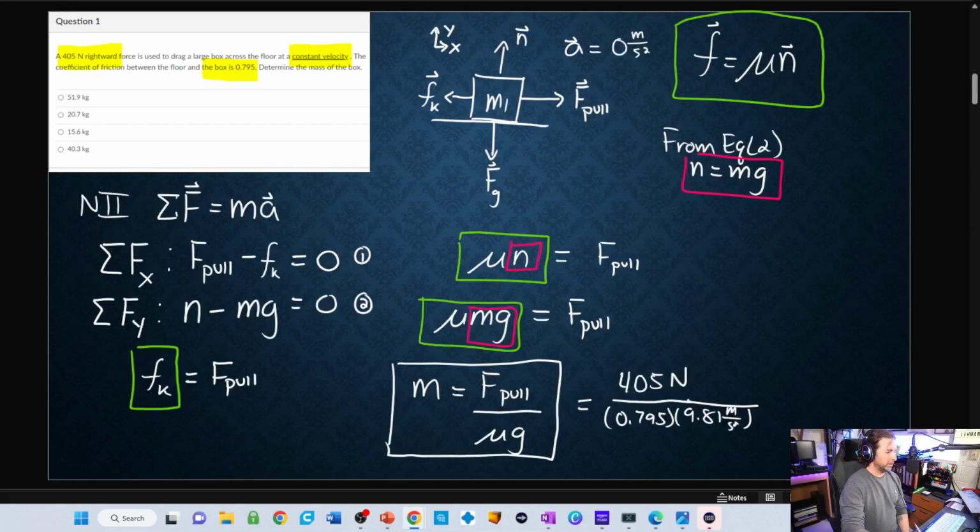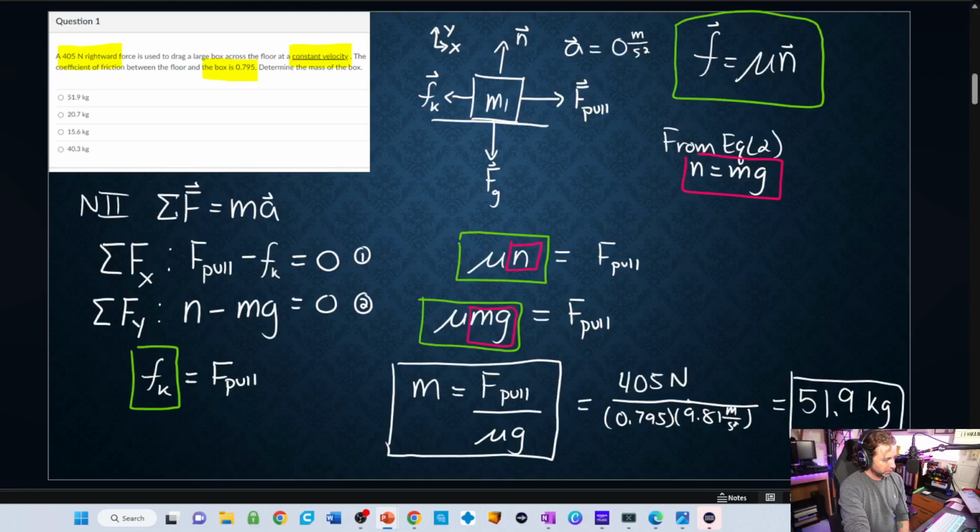No, let's see, I did that wrong. 51.9. This is mass, remember, so it needs units, kilograms. You can follow with this color coding thing where these boxes are going.